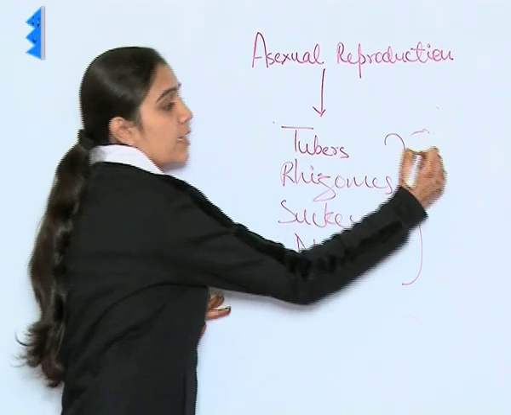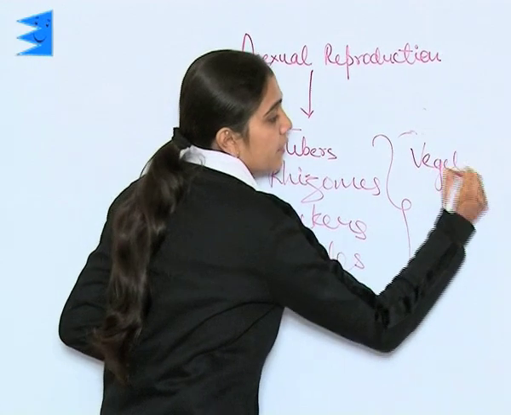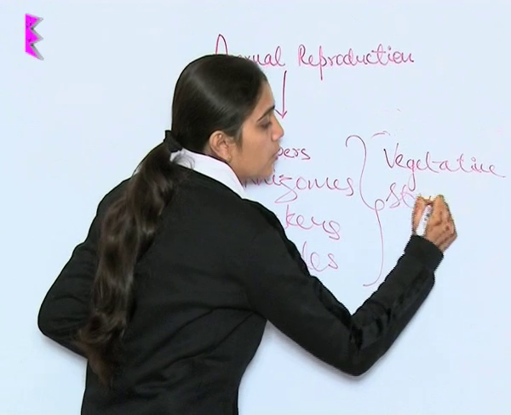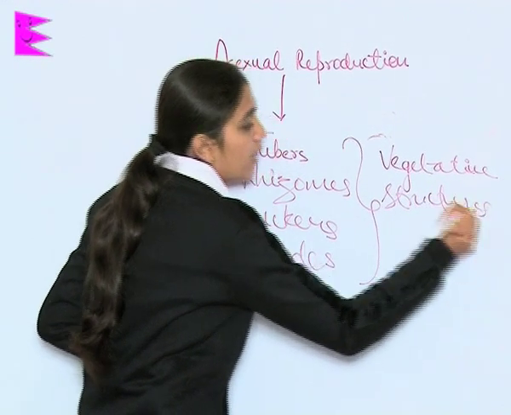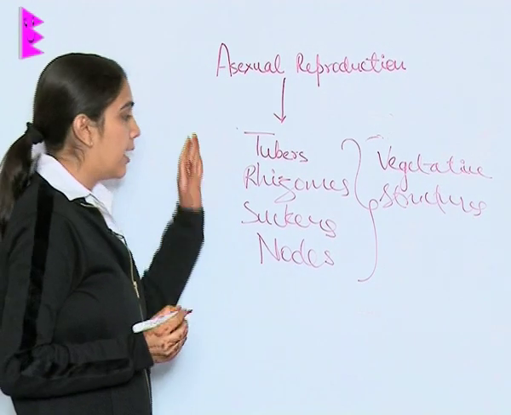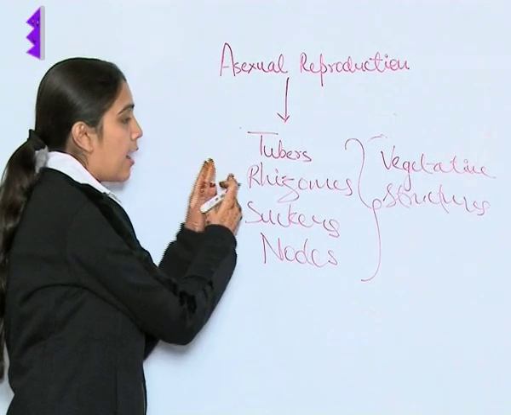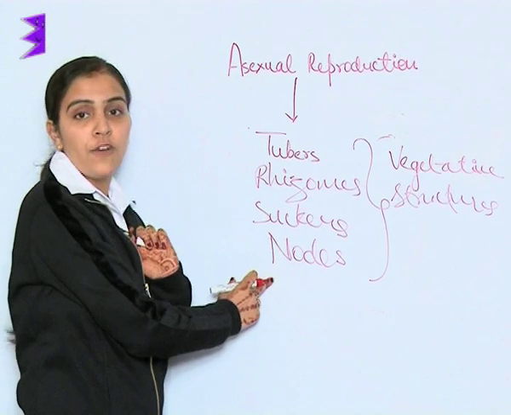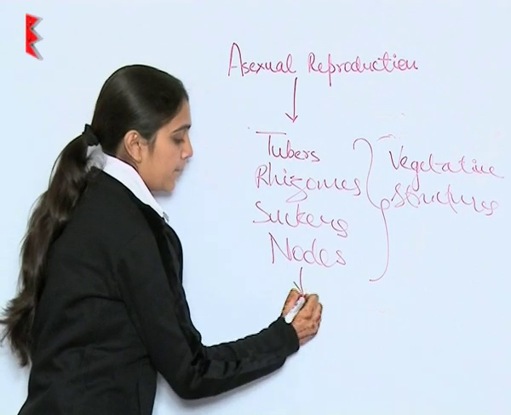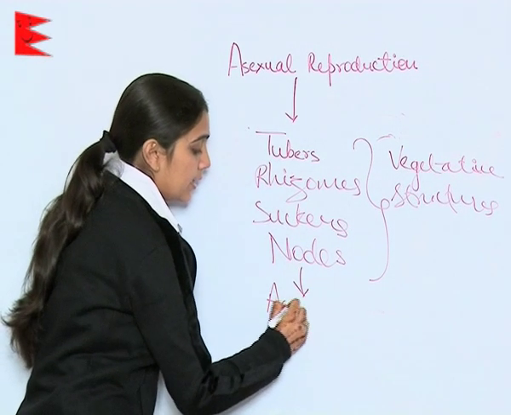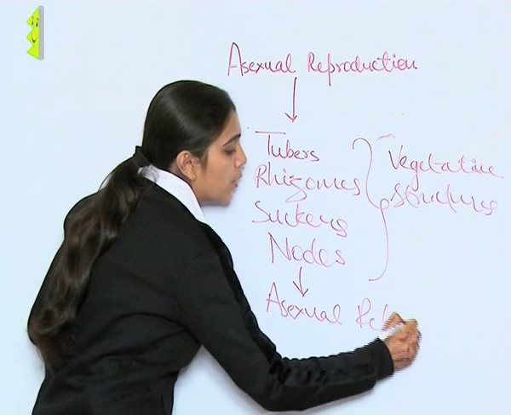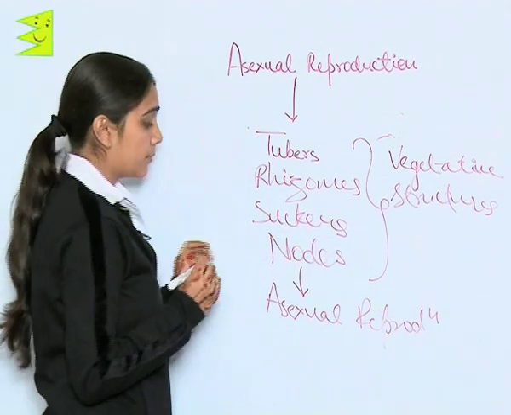Now, these vegetative structures lead to the formation of a new offspring. Means these are the vegetative reproductive structures in the case of plants. Thus, this is nothing but asexual reproduction.